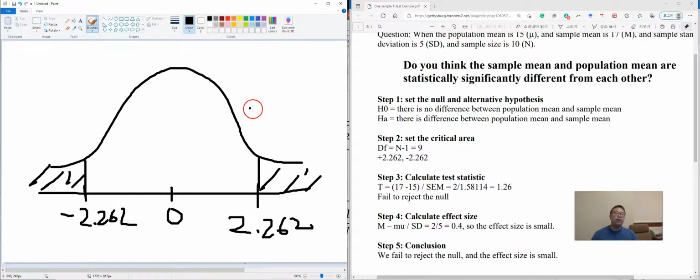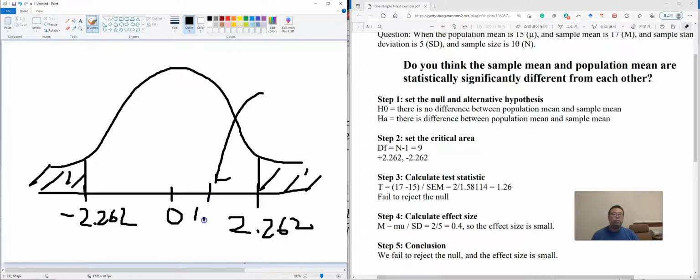So when we find some t value inside of those shaded areas, that is a clue that we can reject the null hypothesis. After rejecting the null hypothesis, we would argue that there is a difference between the population mean and the sample mean. But now we found 1.26.